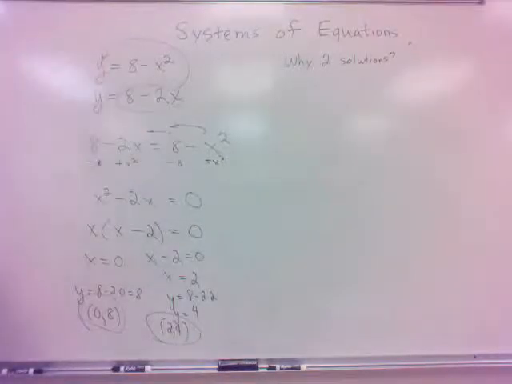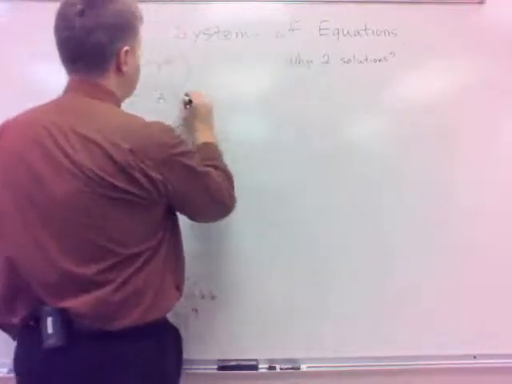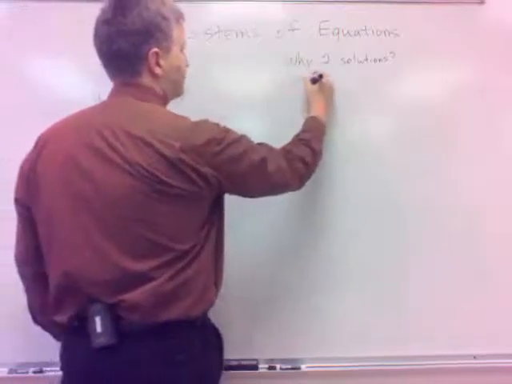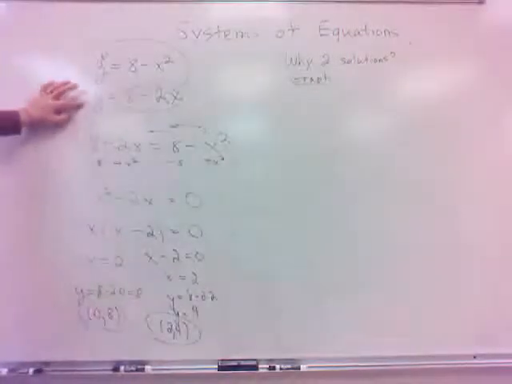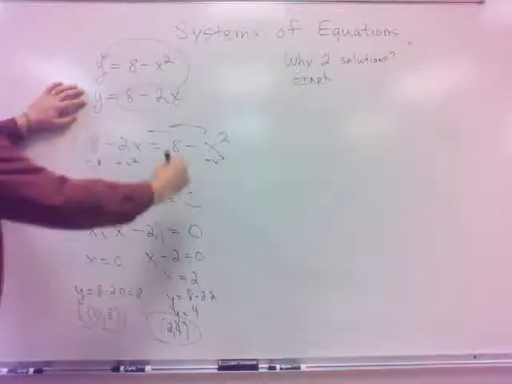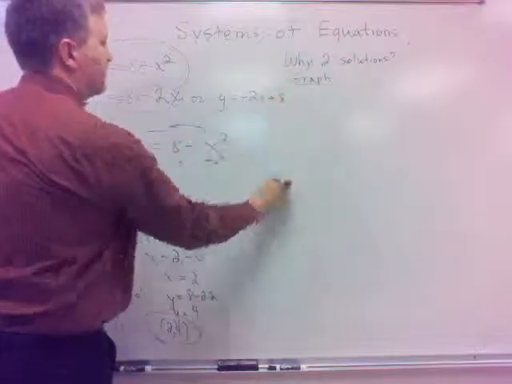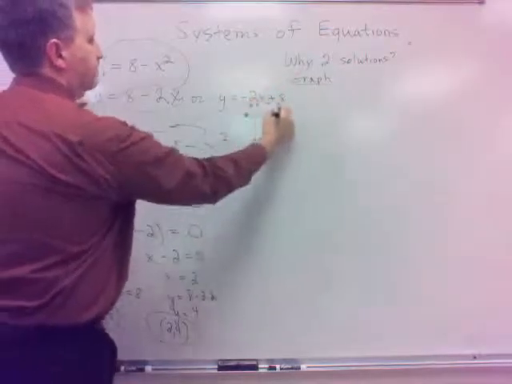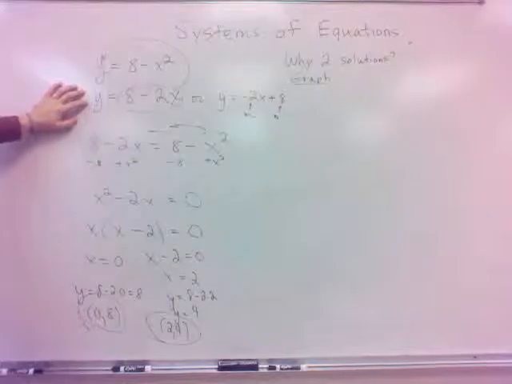So I've got a parabola and a line. So let's think about those. Let's graph them and see. y equals 8. Let's start with that one. y equals 8 minus 2x, or I could alternatively think y equals minus 2x plus 8. I want y equals mx plus b.